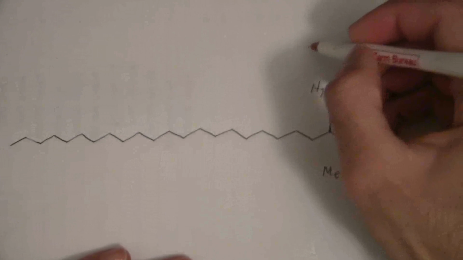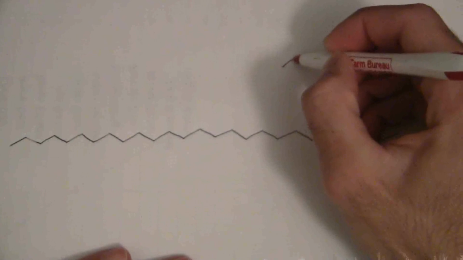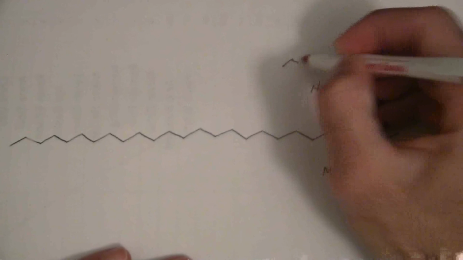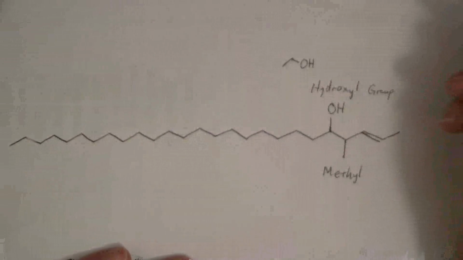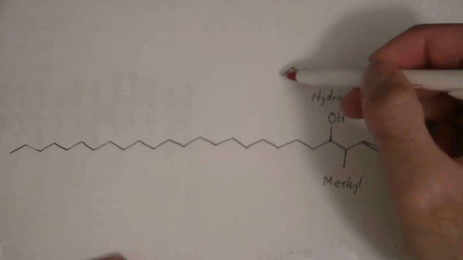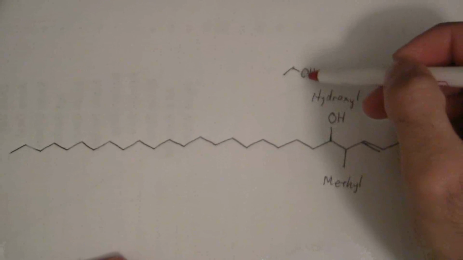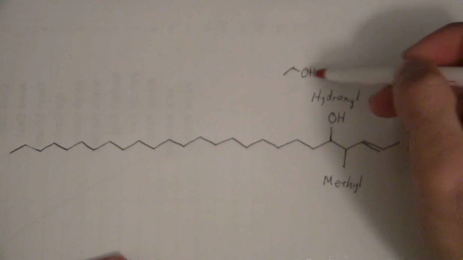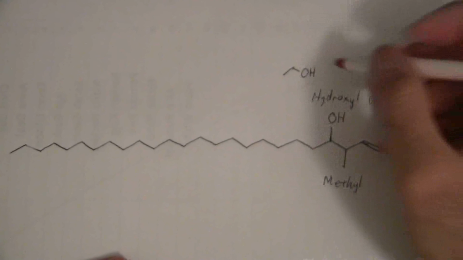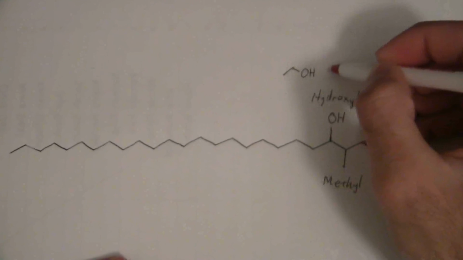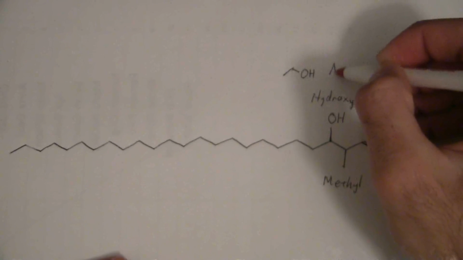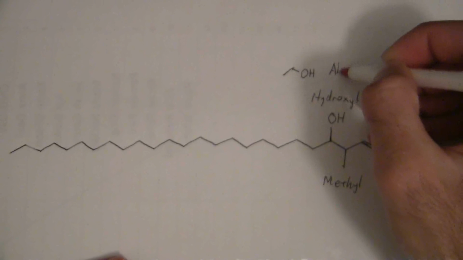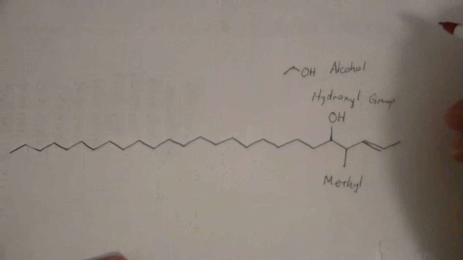So for a simple example, let's look at ethanol. Here is ethanol. We have two carbons, and then attached to that, OH. So this is ethanol. It is an alcohol.